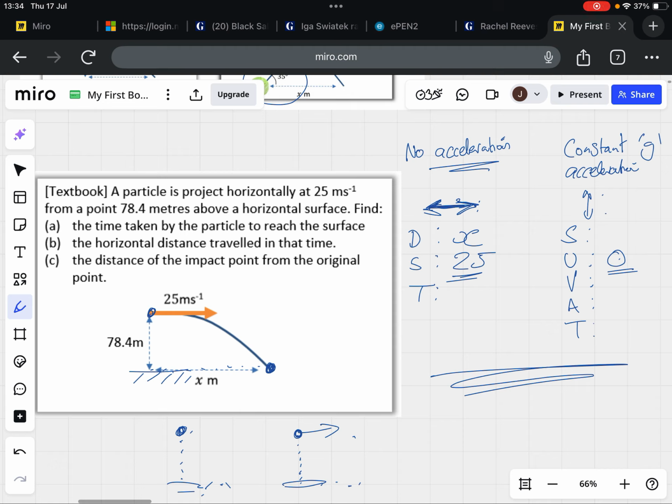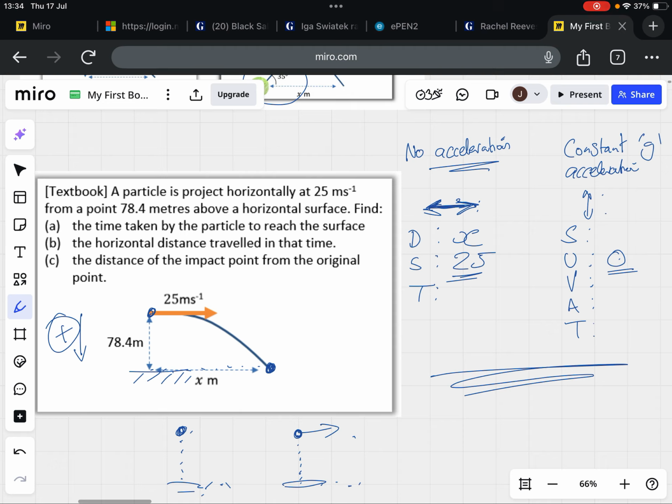And the next thing I need to do is deal with this 78.4. So there's two ways I can deal with this. I need to define my positive direction. If I define down as being the positive direction, that's quite easy here because the particle never goes up, right? Nothing is up in this question. Everything is down.